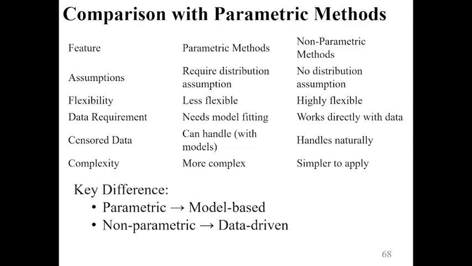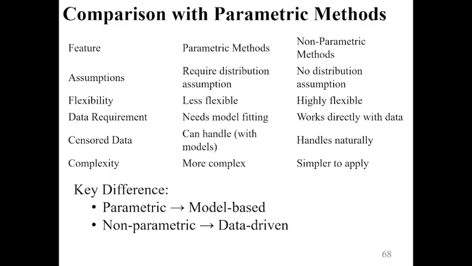Parametric and non-parametric methods differ primarily in how they approach reliability analysis. Parametric methods rely on assuming a specific probability distribution such as the Weibull or exponential distribution and use this model to estimate reliability measures. In contrast, non-parametric methods do not assume any underlying distribution and instead work directly with the observed data.